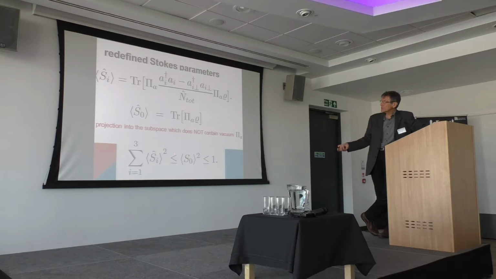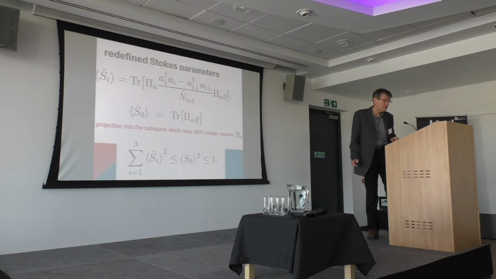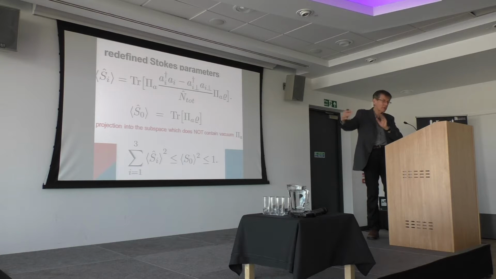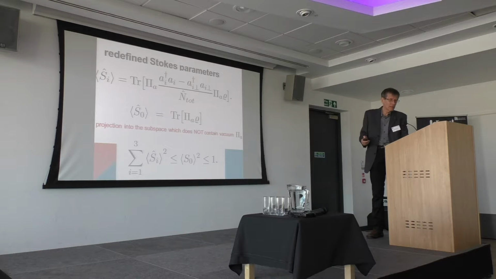So as you see, S_0 is not a normalization, even in the case of a pure state. And of course, if the pure state is a fixed photon number state, not a superposition of varying total numbers of photons, then we have the equality.